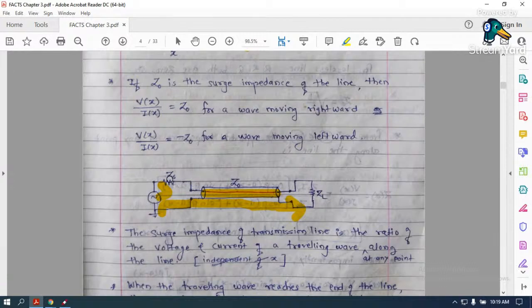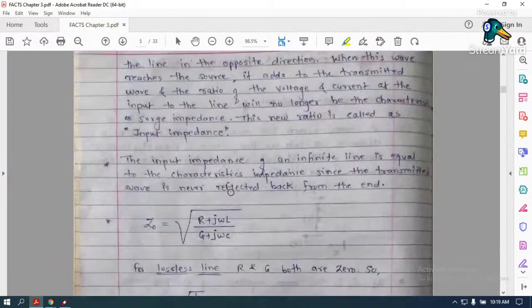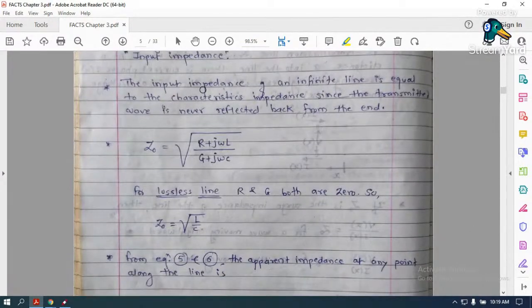Now I can say that source impedance, load impedance, and characteristic impedance are all the same. Or I can say input impedance is equal to characteristic impedance, provided the transmission line is of infinite distance. The input impedance of an infinite transmission line is equal to the characteristic impedance, since the transmitted wave is never reflected back.